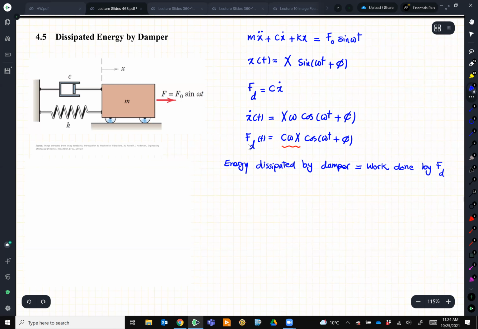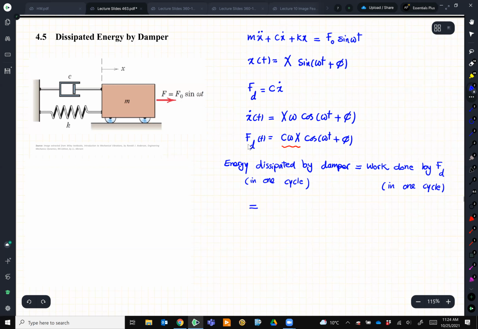So to make it simpler for us, let's say in one cycle. Because we know it is vibration. If we know how much energy it wastes in one cycle, then we're good to go. So work done by F_D in one cycle, right?